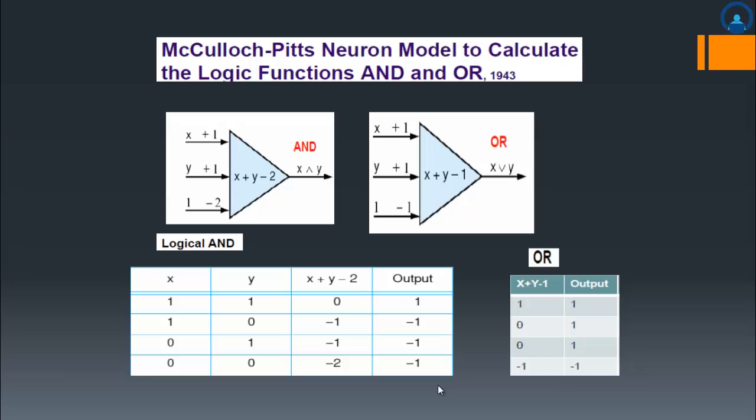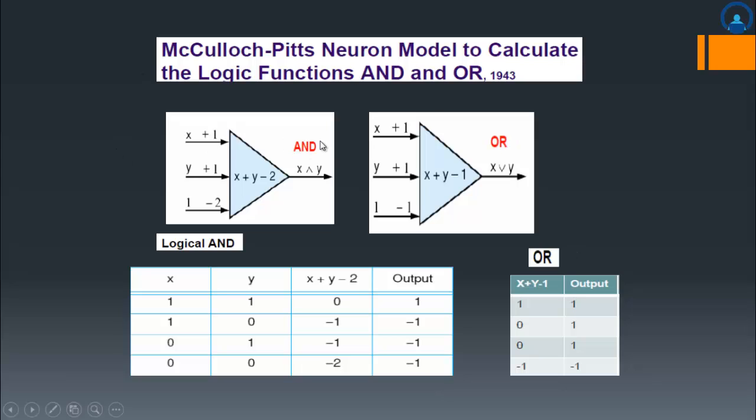The input data and the bias have weights of +1, +1 and -2 in the case of AND. Thus, for any values x, y, the neuron computes the value x plus y minus 2. If this value is less than 0, it returns -1. Otherwise, it returns +1.